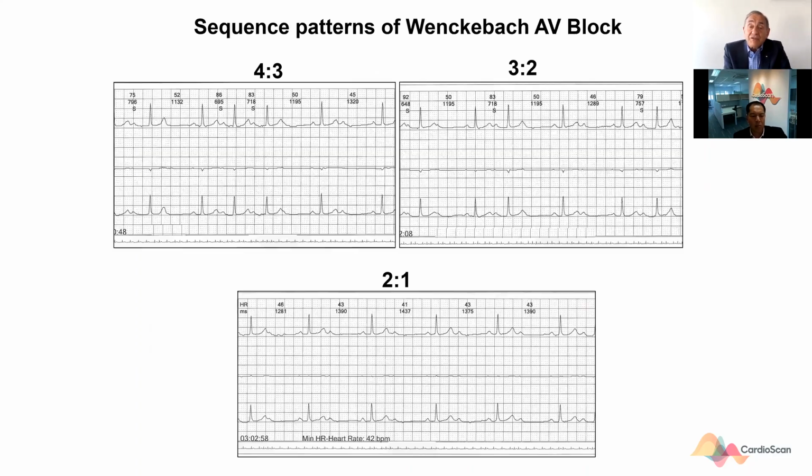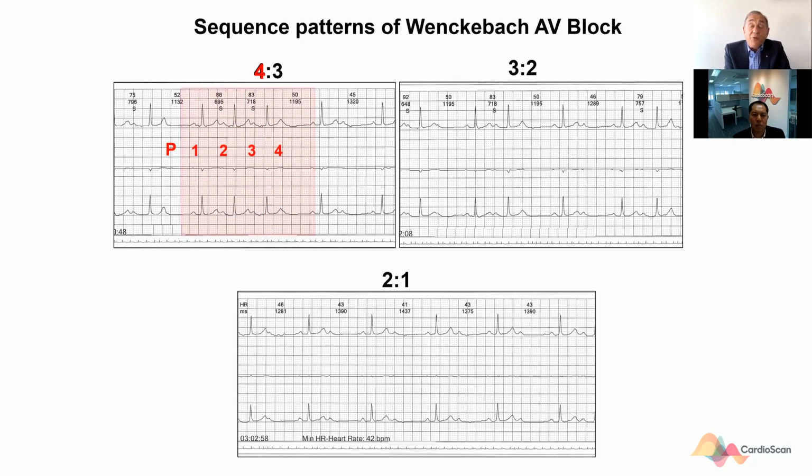However, I'm going to now show you atypical, and when we do that, there are some situations where this won't be so clear as three defining features of a footprint, but nevertheless, you'll be able to recognize it as Wenckebach. The sequence patterns of Wenckebach AV block can be, for instance, 4 to 3.